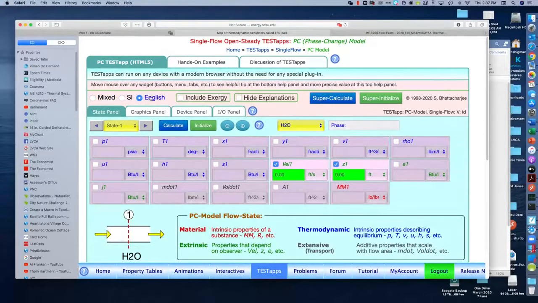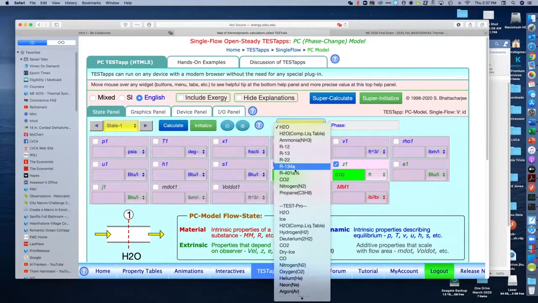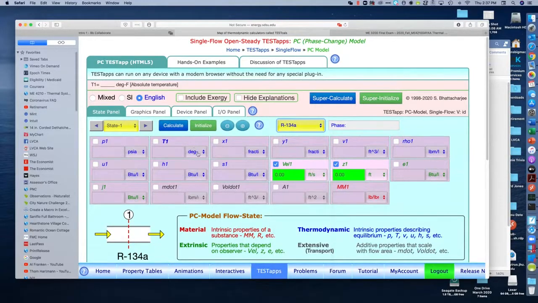And so once I did that, you'll see that all of the units here default to the English unit. Okay, again, R134A. Have to be a little bit careful here.